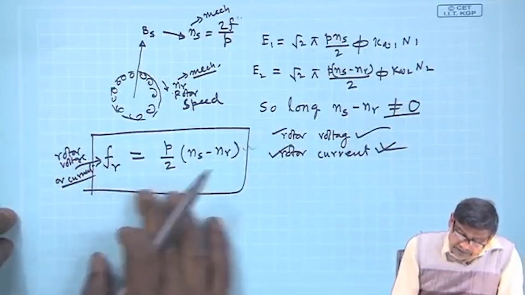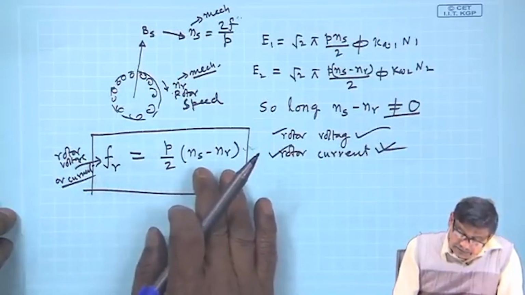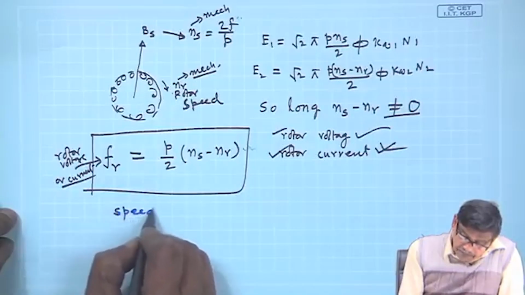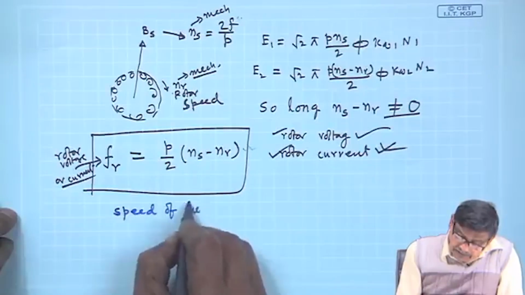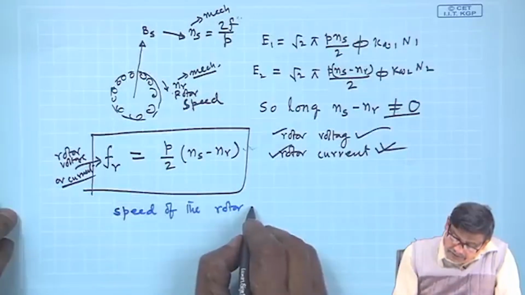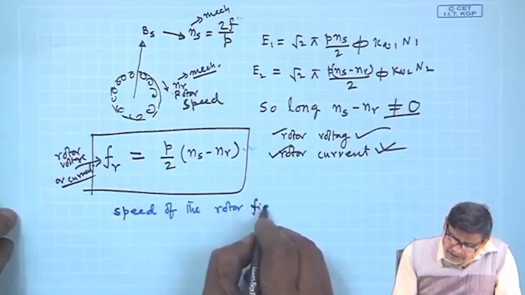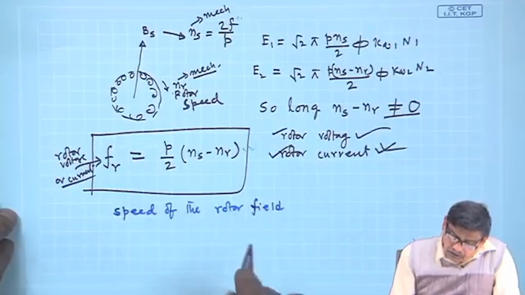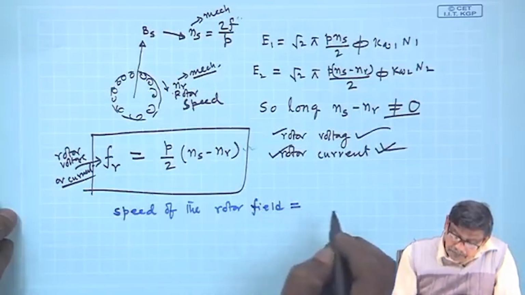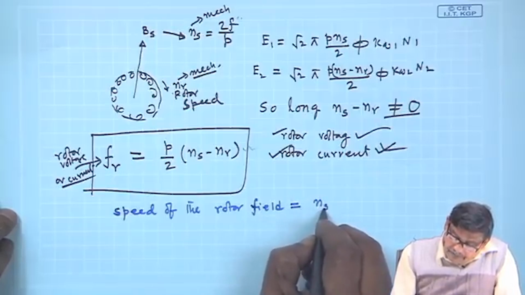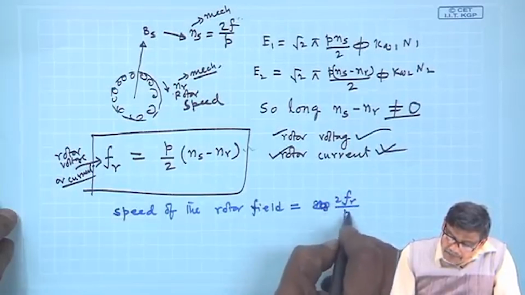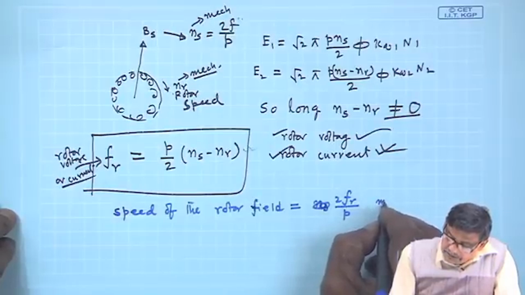If this is the frequency of the rotor current, then the speed of the rotor resultant field, I will simply write rotor field, will be equal to 2 f r by p, mechanical speed.